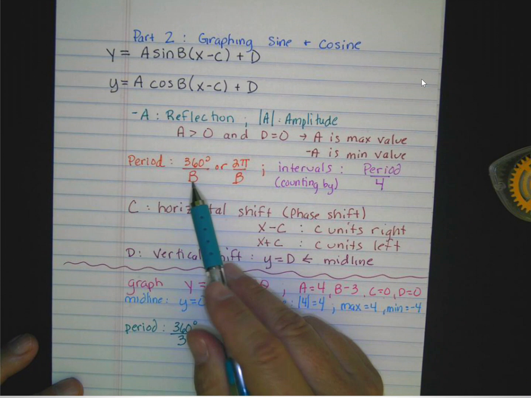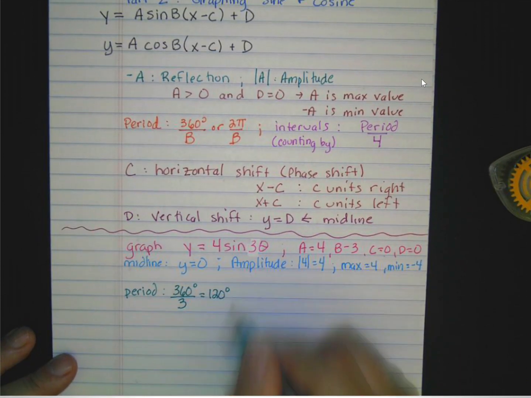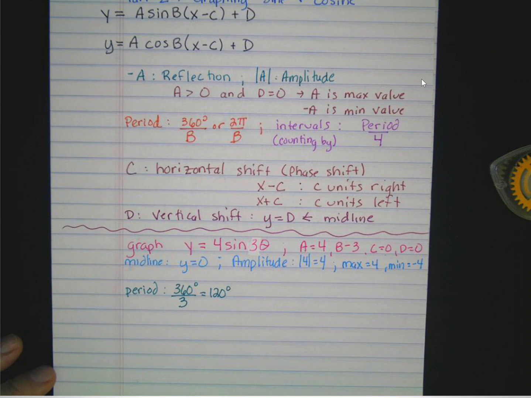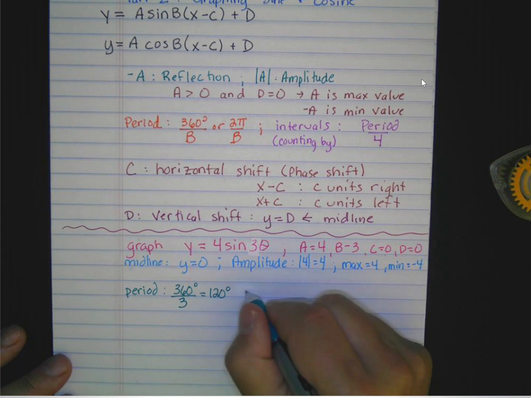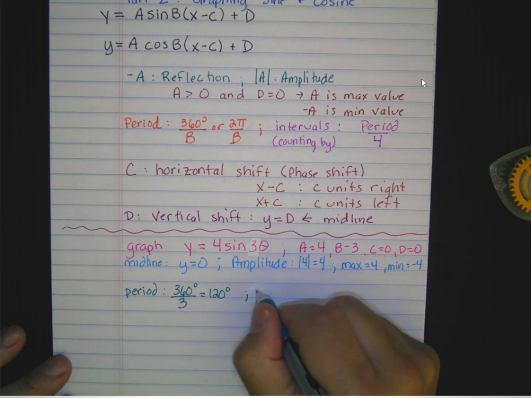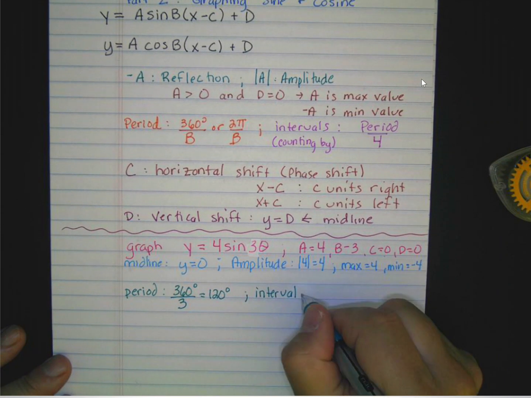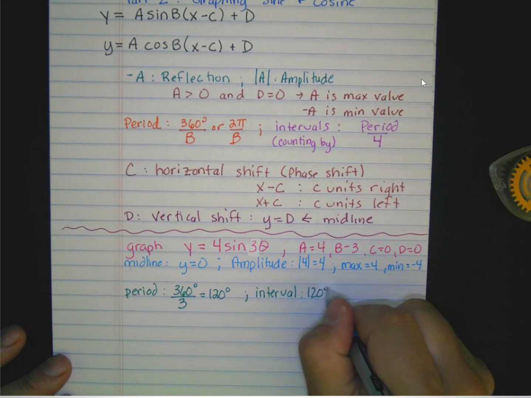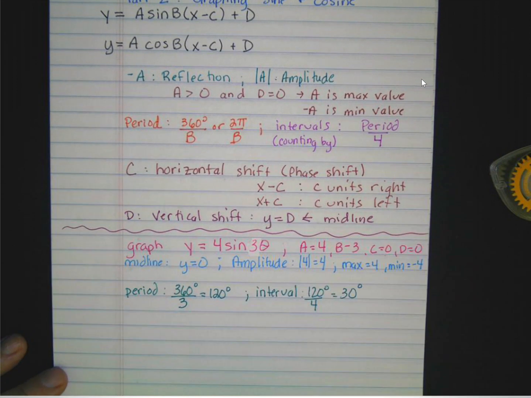And that's going to be 120 degrees. That means that the sine will complete one full cycle, one period, in 120 degrees instead of 360 degrees, which means I'm not going to be counting by 90. I'm going to find my interval. This is what I'm counting by. It's going to be 120 divided by 4 is 30 degrees. That means each step is going to be 30 degrees.